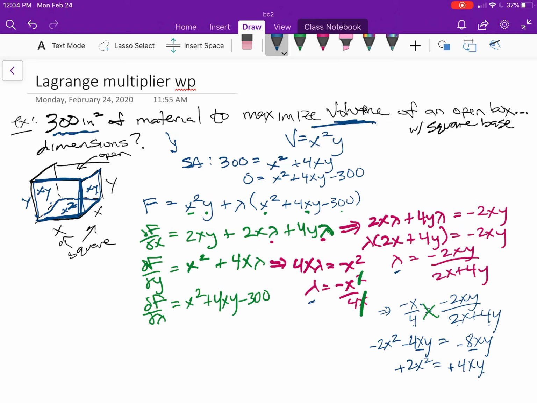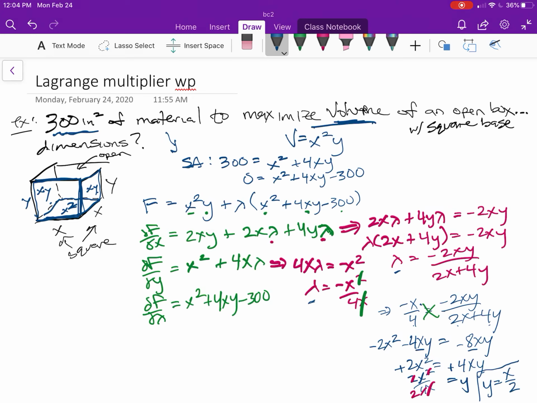Well, now I have a clear winner. Let's solve for y. That will definitely be easiest. So divide both sides by 4x. So y equals 2x squared over 4x. Cancel the 2 and the 4. Cancel an x. So y equals x over 2.